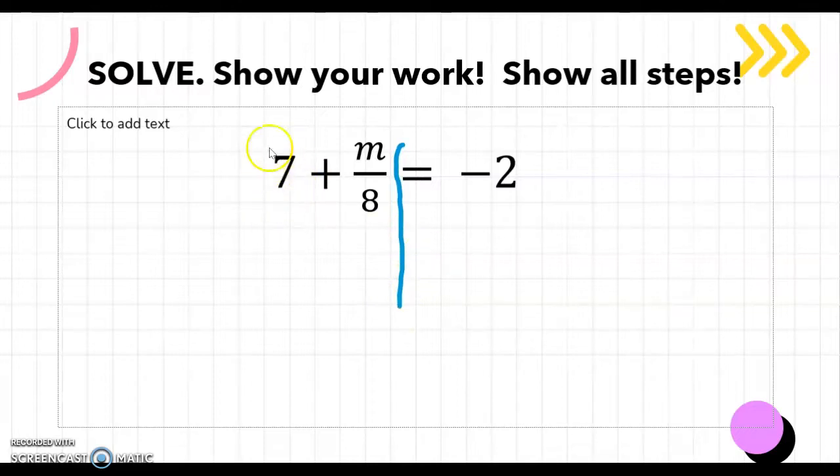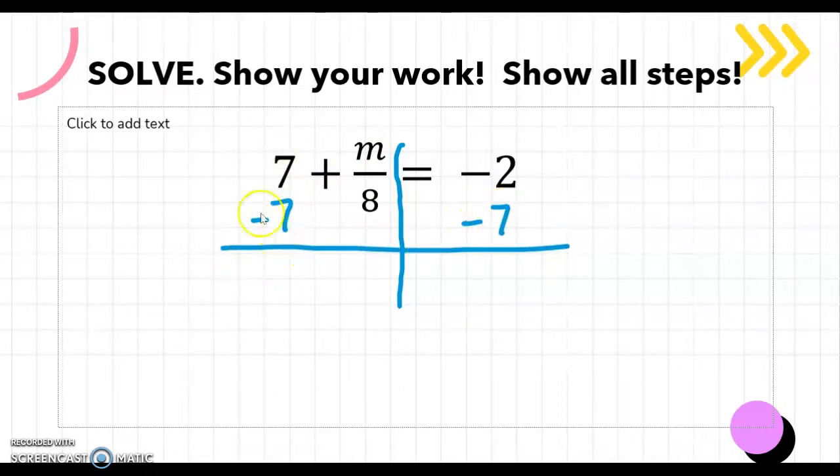Deal with the number that is not attached to the variable first. So we want to isolate our variable. We have to take 7 away from both sides because 7 minus 7 is 0. That's our goal, to get it to 0. I have m divided by 8 equals negative 2 and a negative 7 make negative 9.